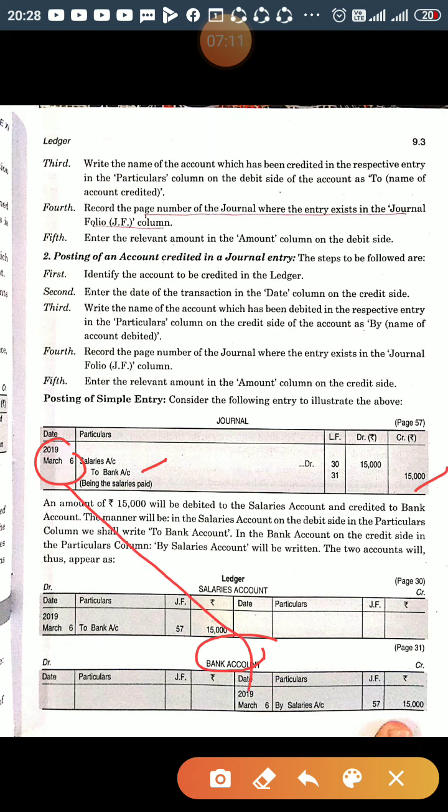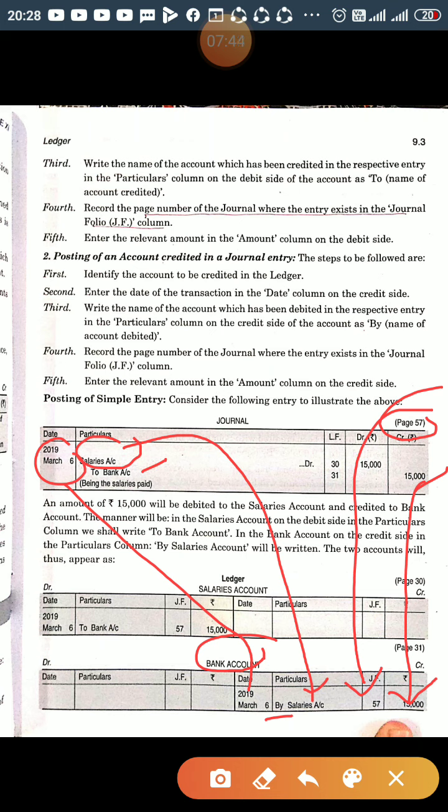Then you will write the prefix 'By' in the particular column, and you will write the name of the account which is debited. The salary account was debited, so you will write 'By salary account', and you will write the amount here, and the page number of the journal you will put here, this page number.